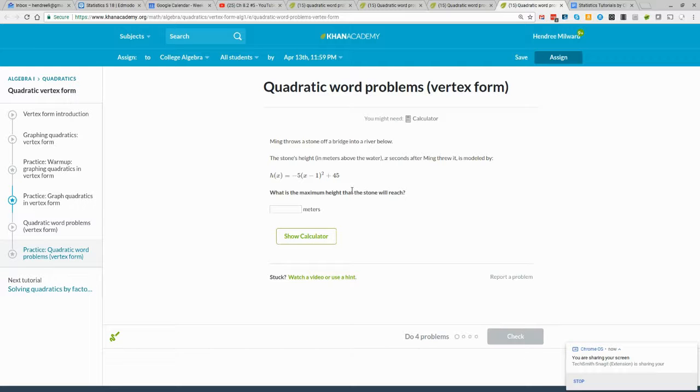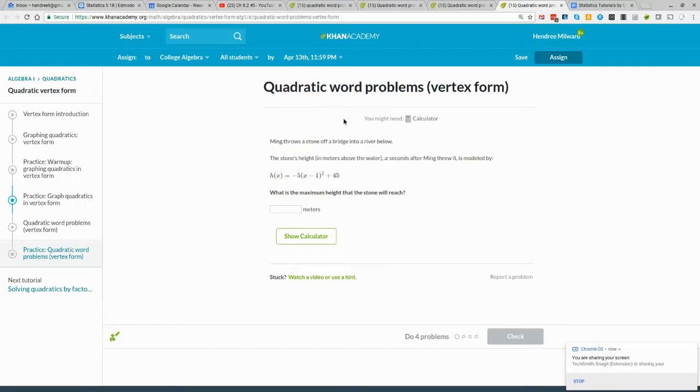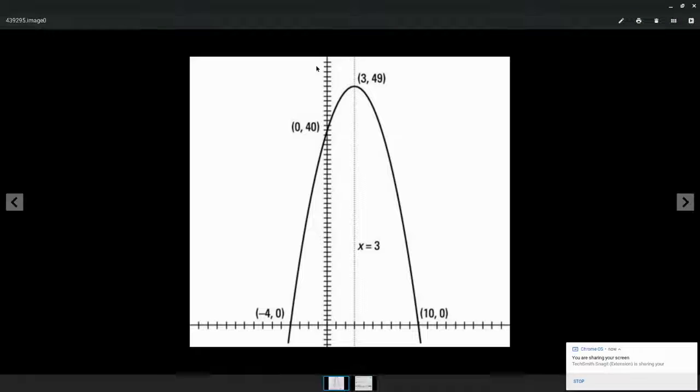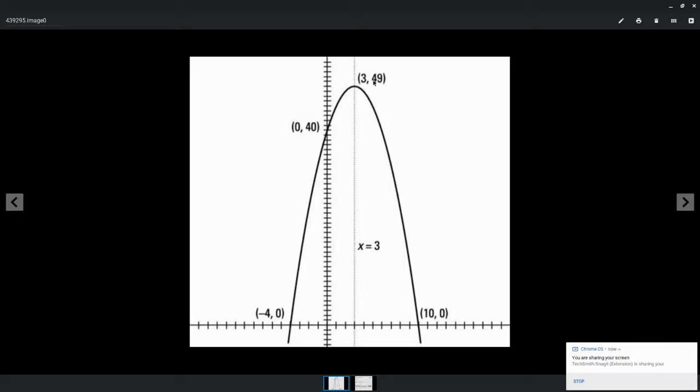Once you see maximum, you know you're locked into the vertex. Maximum or minimum of a quadratic function indicates you're looking for the vertex. The tricky thing is figuring out whether they want the x-coordinate or the y-coordinate. It asks, what is the maximum height that the stone will reach? They're asking for the height, and that's definitely a y thing, so you want the y-coordinate.